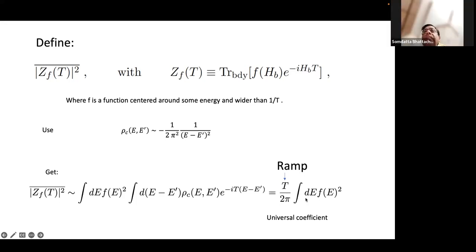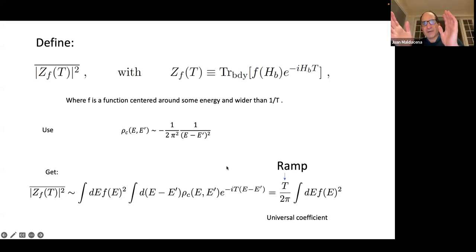I have a question. Yes, please. So, you have this delta function and then you have 1 over (E minus E prime) whole squared. This seems to diverge. Yes, this diverges when E is equal to E prime, but that divergence is somehow absorbed in the disconnected piece, the piece that has a separate average over E and E prime.